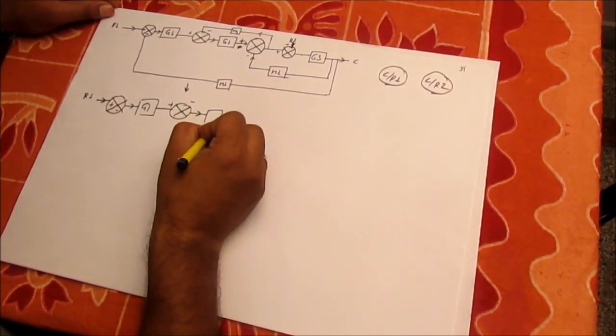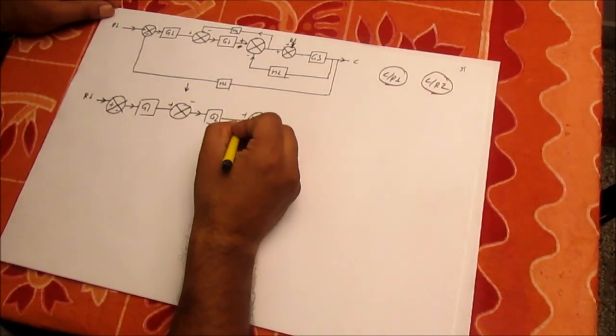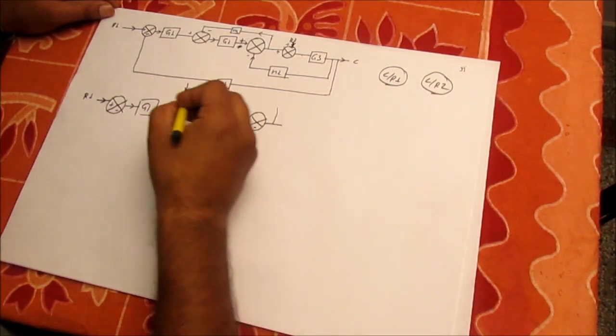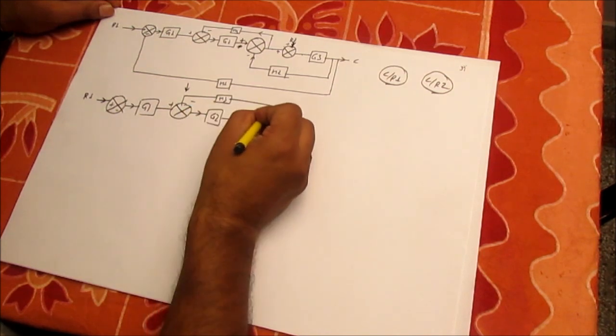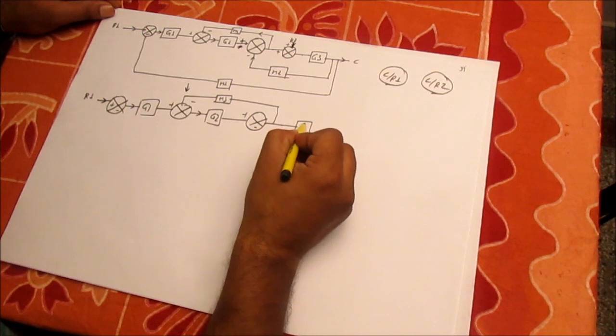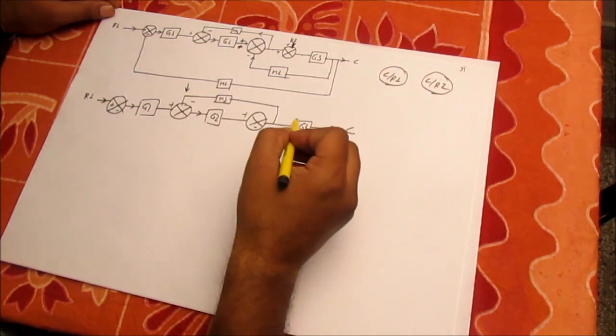Then I have G2 here, then this summing amplifier plus, minus. Then here we have a feedback H3. Then I can directly connect this to the G3, and here it is output C.